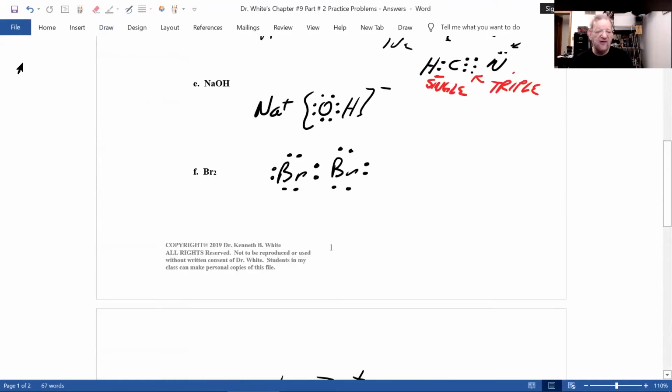If we look at sodium hydroxide, whenever you see an alkali metal, that always forms a cation. The alkali metals always give up 1 electron, their 1 valence electron, to form a +1 charge. So we have sodium, which will form a +1 charge, oxygen with 6 valence electrons, and hydrogen with 1 valence electron.